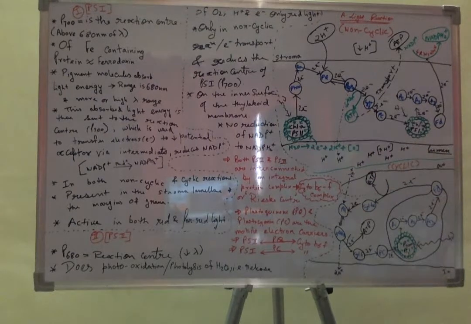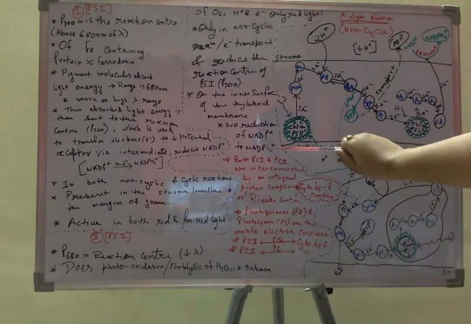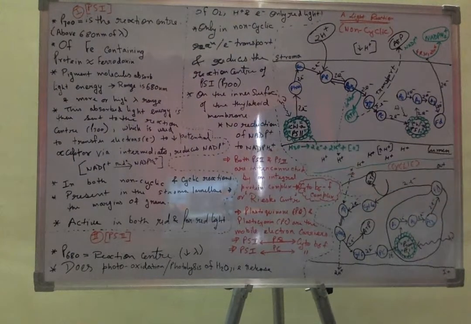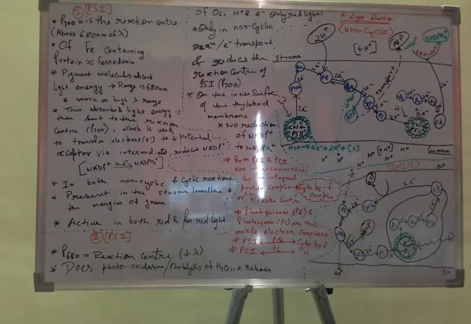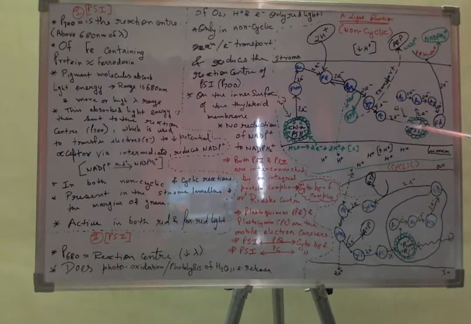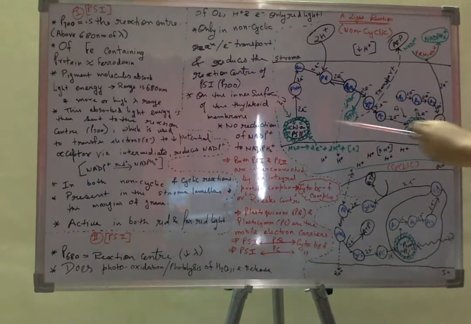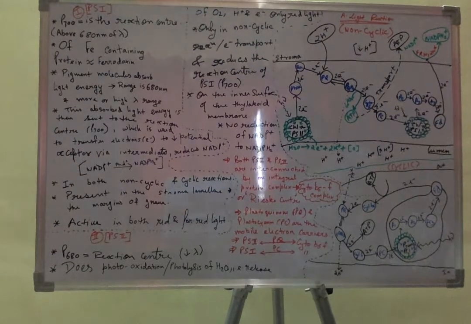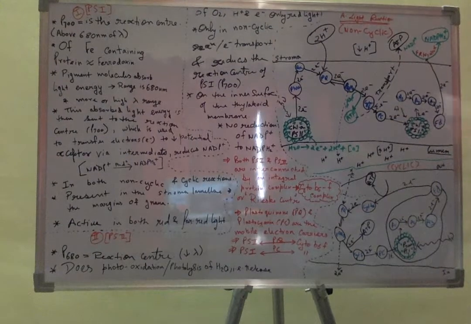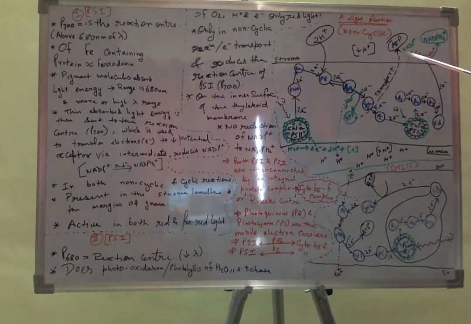The last very important point is no reduction of NADP+ to NADPH2+ is shown in case of PS2. If you see this diagram, this is the PS1 zone and this is the PS2 zone. In the PS1 zone, there is the reduction of NADP+ to NADPH2+ in this particular zone.